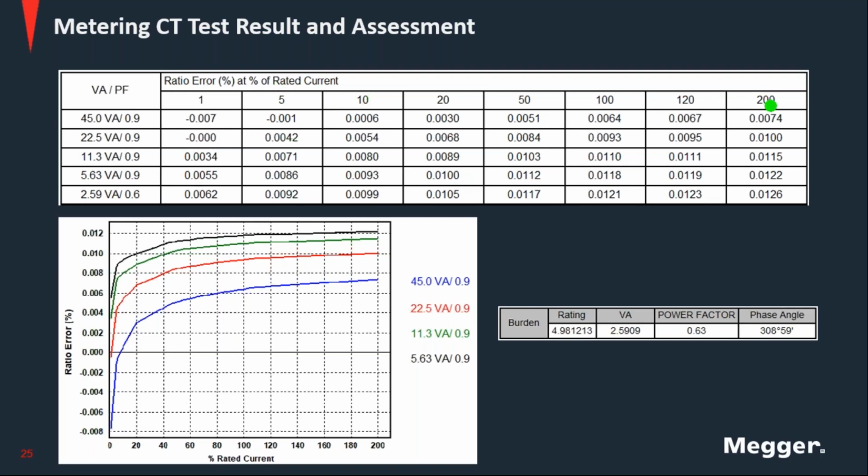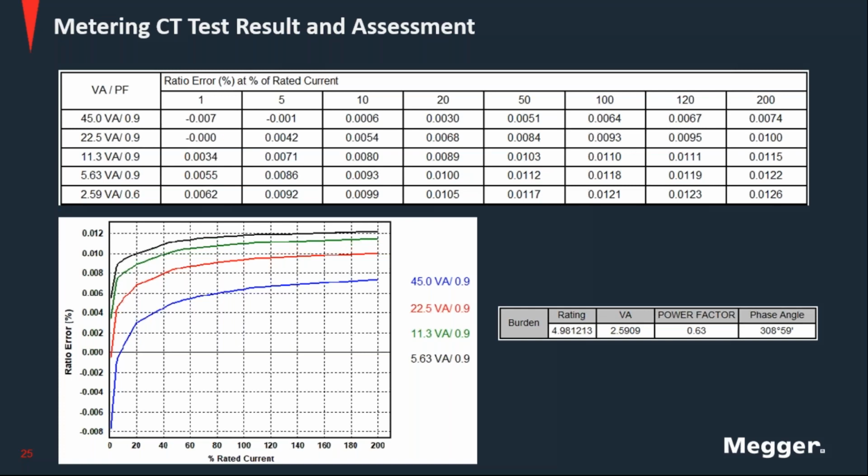So at 200%, at 100%, and in the case that you have a load or a burden of 45 VA connected to those terminals. So all of these are situations with different loading conditions. And if we remember the burden result, I brought it here as well, 2.59, we can see that the actual burden is being used to evaluate the instrument transformer.